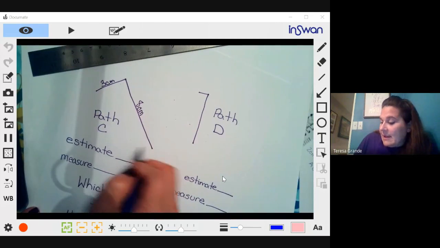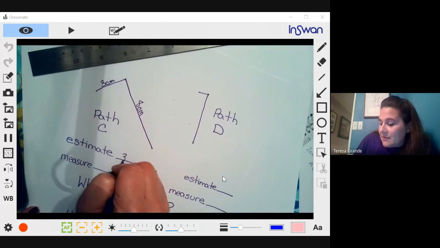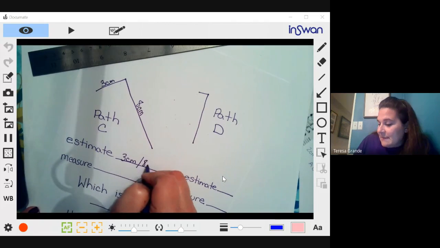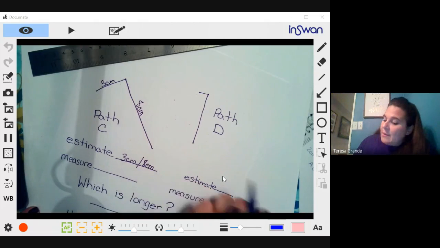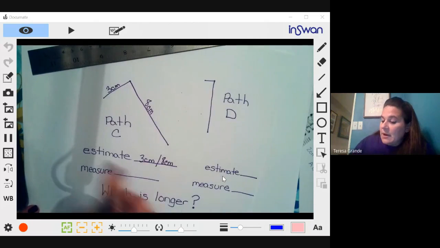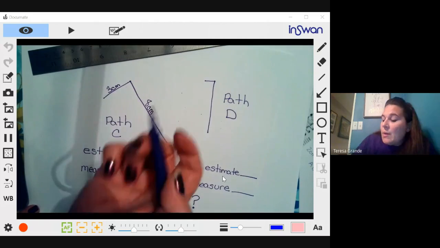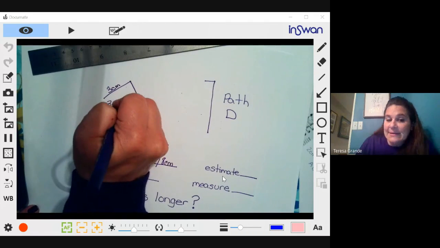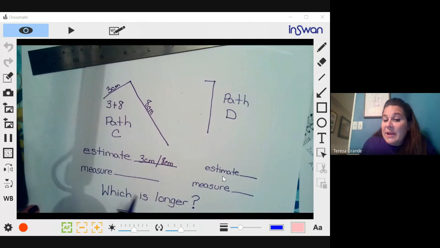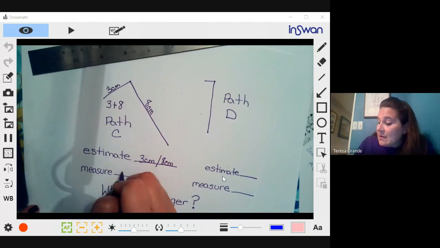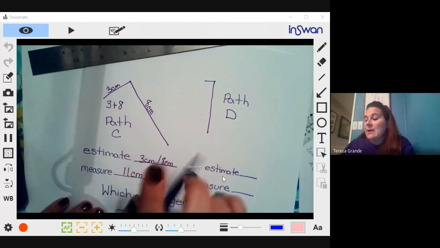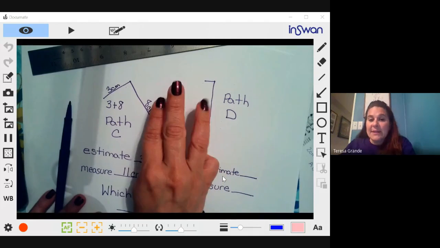So we can estimate, if I would look at that, would be 3 centimeters, 8 centimeters. And whenever we measure it, about 3 and 8. And what we need to do is add 3 plus 8. And 3 plus 8 is 11 centimeters. Very good. 8, 9, 10, 11.